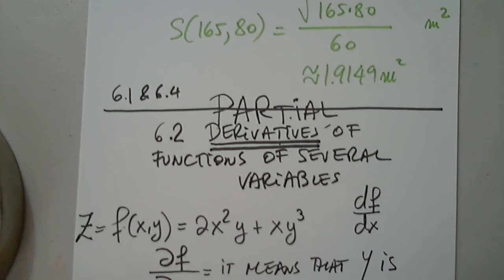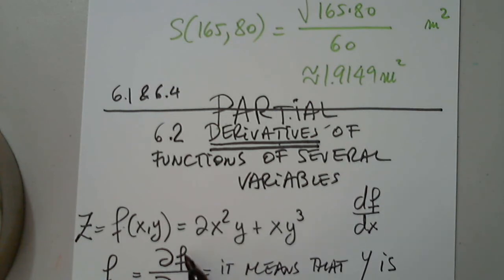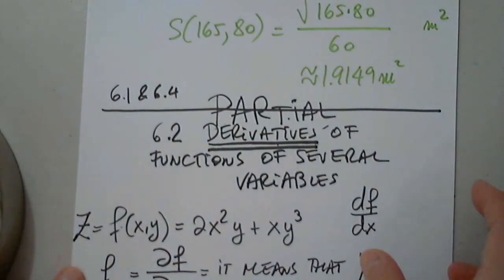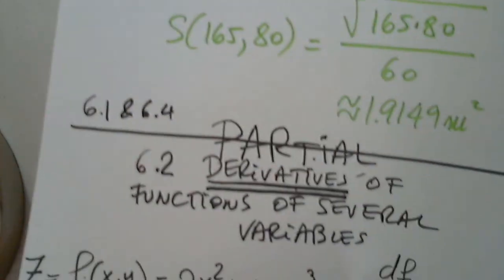It's considered a constant. This also has the notation fx. So fx is the partial derivative of f with respect to x when y is a constant. I promise to stop right after I differentiate with respect to x.